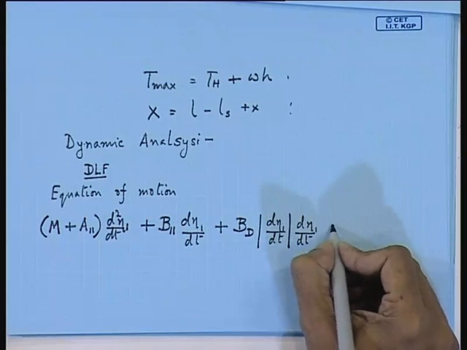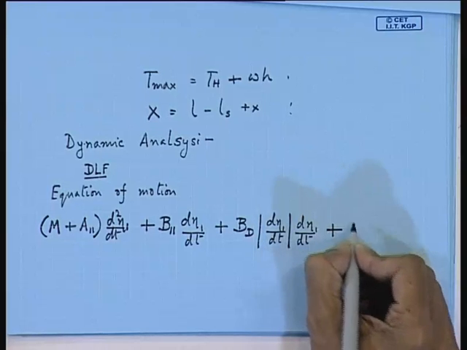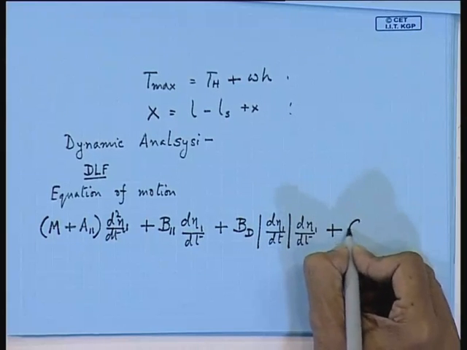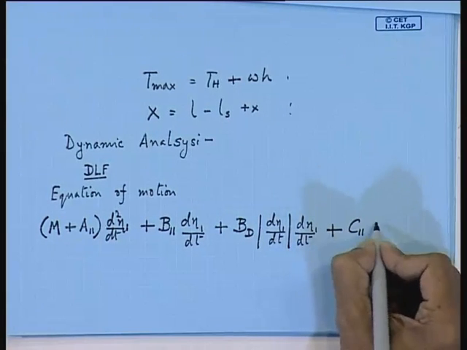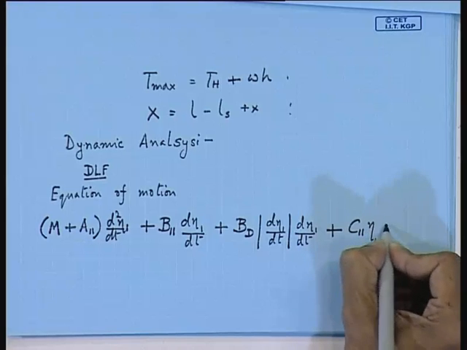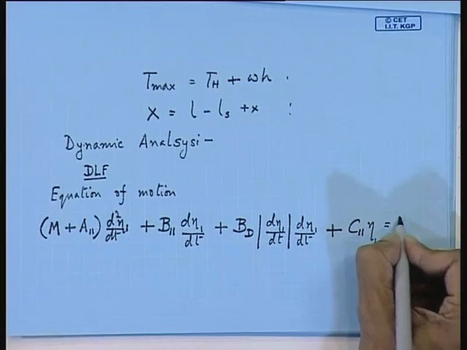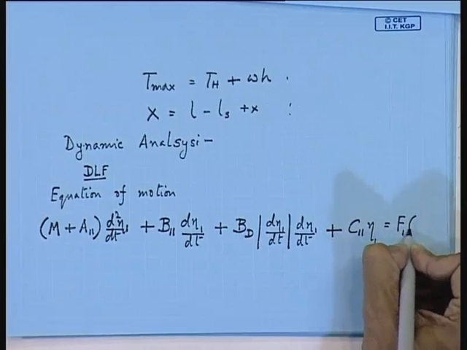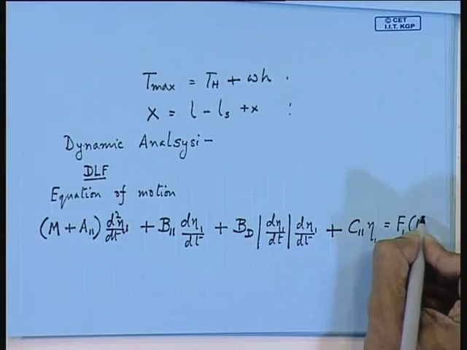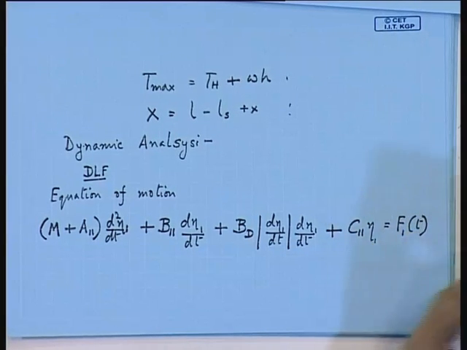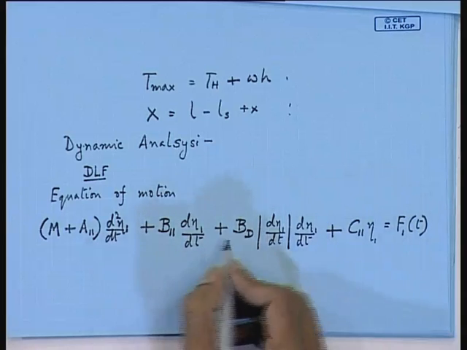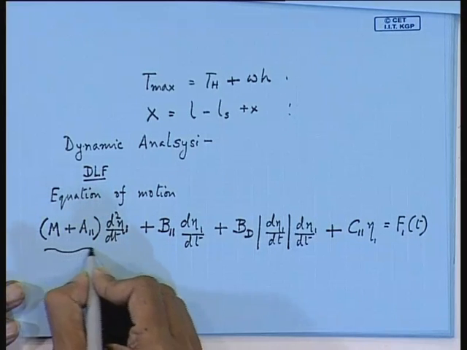And the other one is your cable stiffness, that is your stiffness force. So this is C11 eta 1. So this is equal to F1T. So this is your expression for one equation of motion. So you take only the surge equation. But these are the terms.